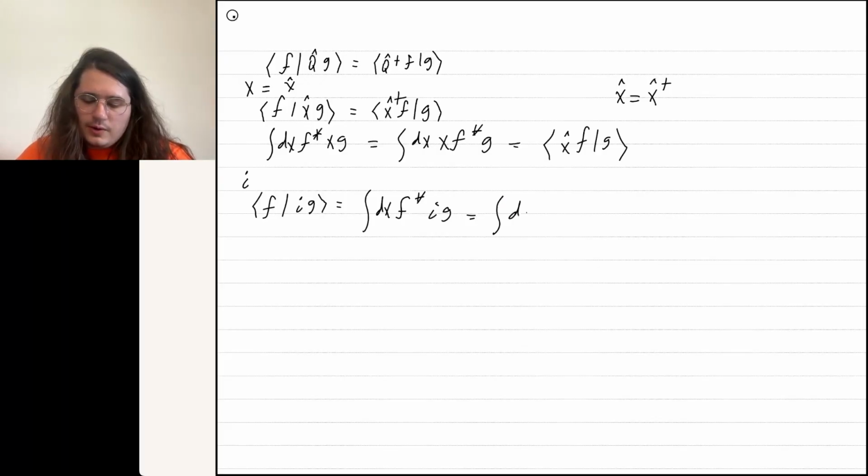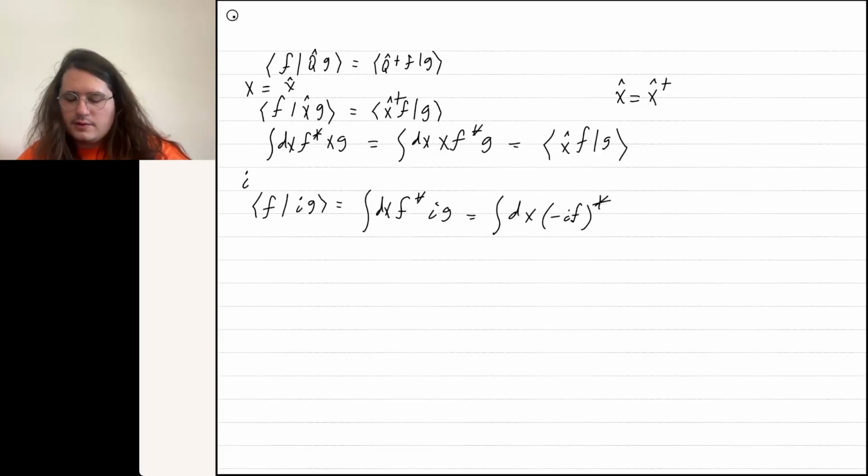So you could group the i together with f so that you can have a complex conjugate there, with g.